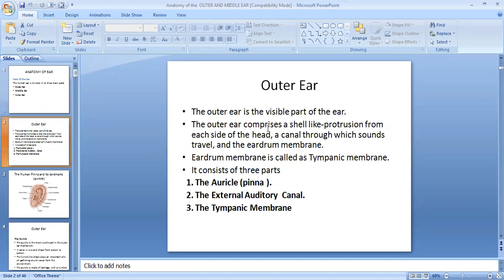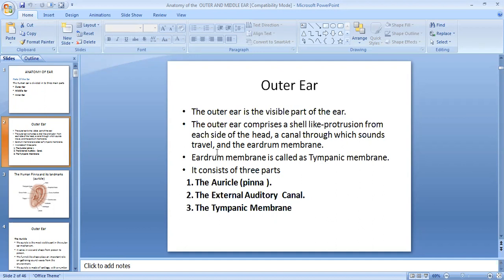The outer ear is the visible part of the ear. The outer ear comprises a shelf-like protrusion from each side of the head, a canal through which sounds travel. That canal is known as external auditory canal, and the eardrum membrane, that is also known as tympanic membrane.